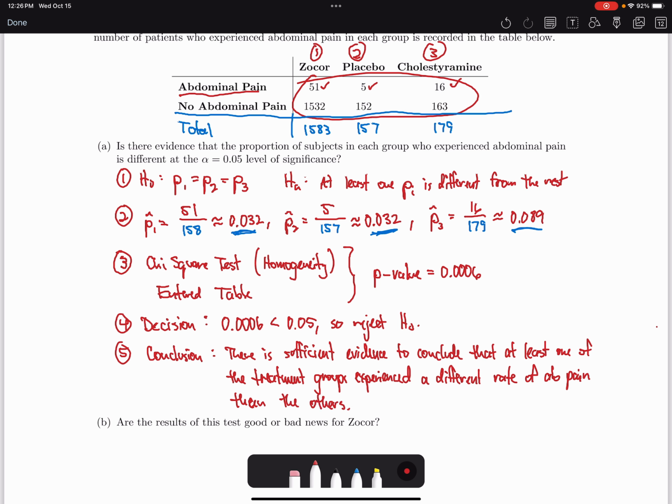Okay, so at least one of the groups experienced a different rate of abdominal pain than the others.